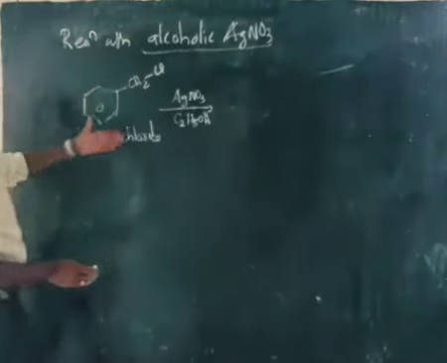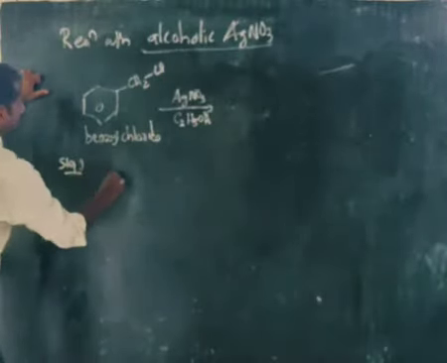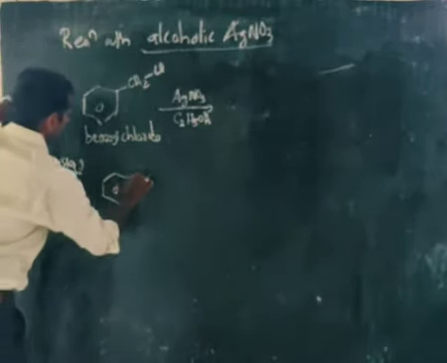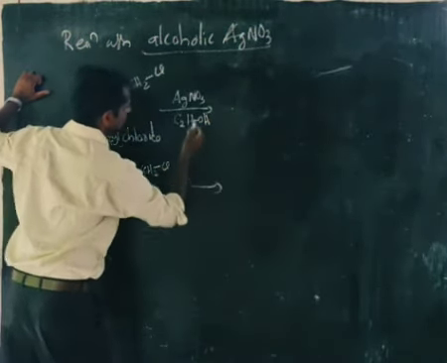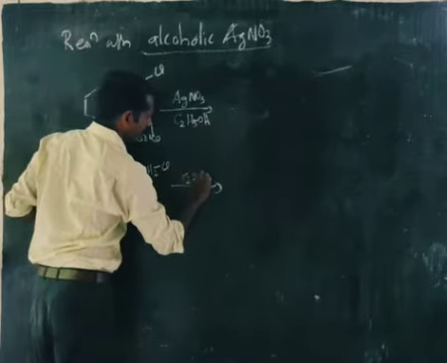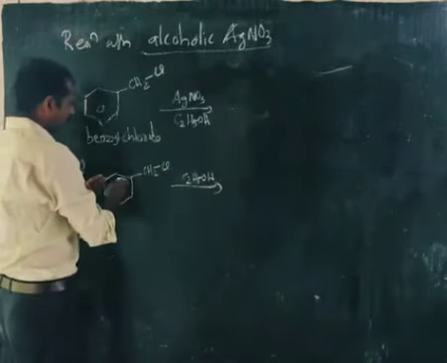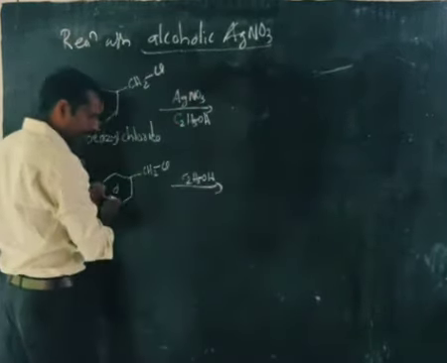Okay, look at here. What is the mechanism of the reaction? Step one: CH2Cl, in the presence of our nucleophile ethanol, C2H5OH. This reaction is occurring via SN1.